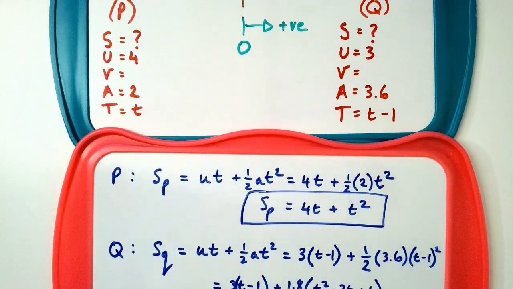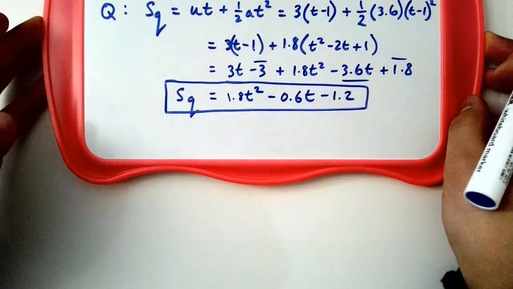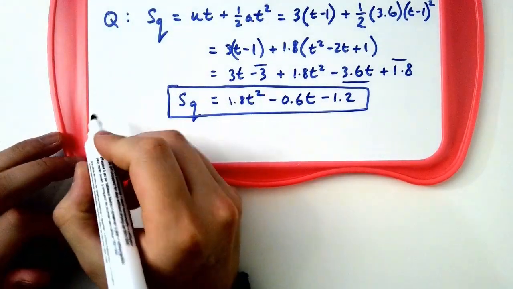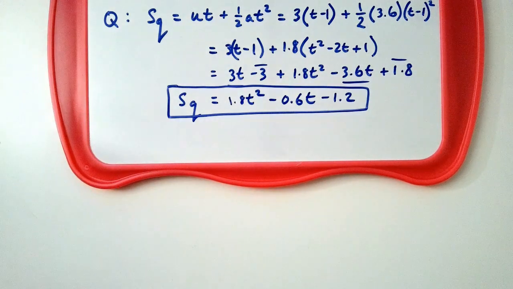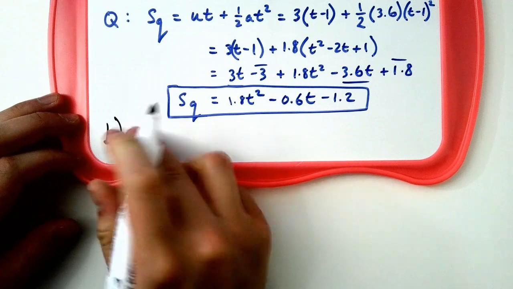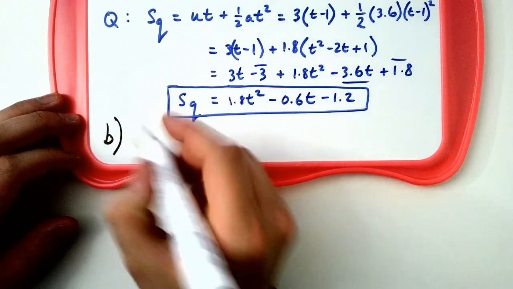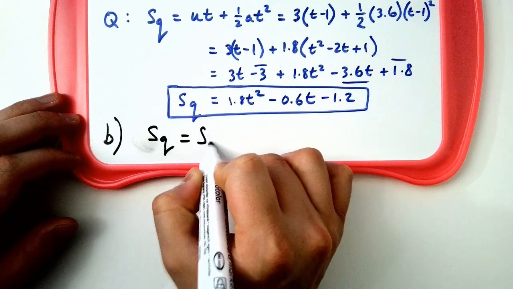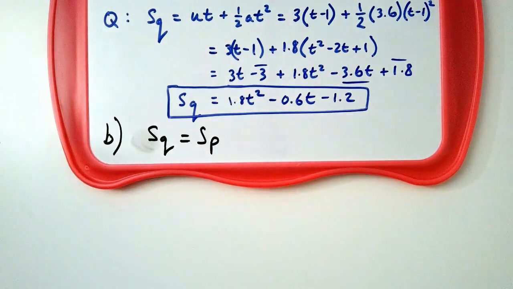The next questions, so this is for question B, it's asking you to find the time t when the particles meet. All you would need to do is say, okay, well, when S_Q equals S_P, so the displacement of Q equals displacement of P, clearly that's the point where they meet because they're at the same displacement, they're going to collide.